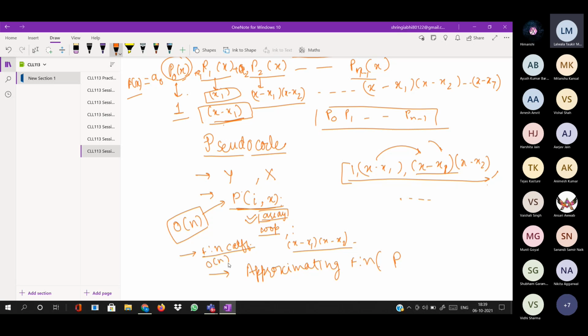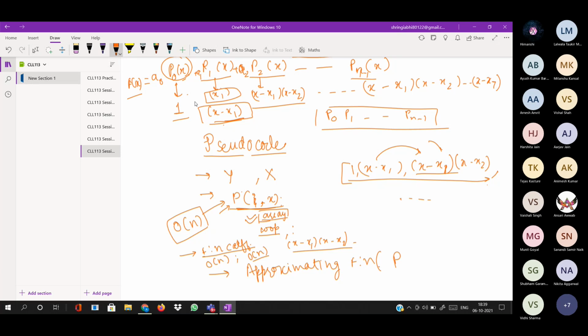Because we calculated the whole array of this pix, let's call it px, which returns this array, and in O(n) time we find out the value of the function, and in the next O(n) time we are finding out each and every coefficient by just backtracking.